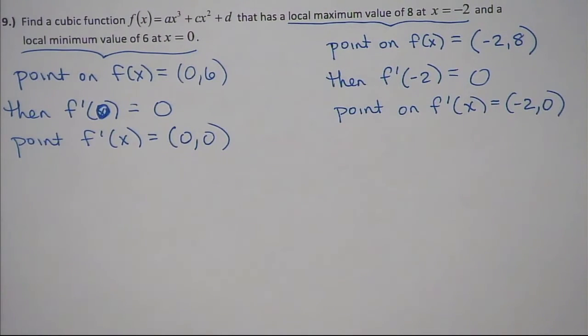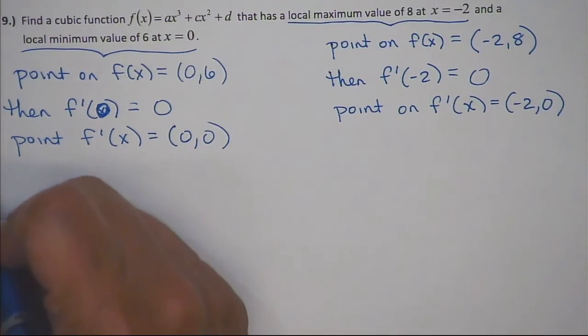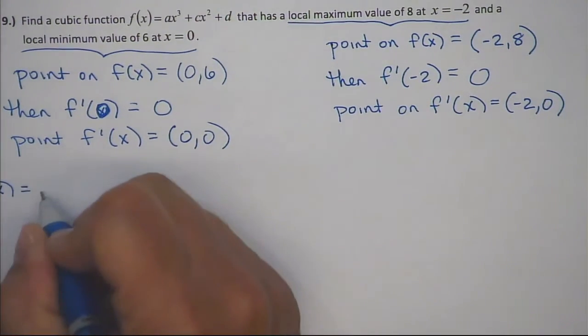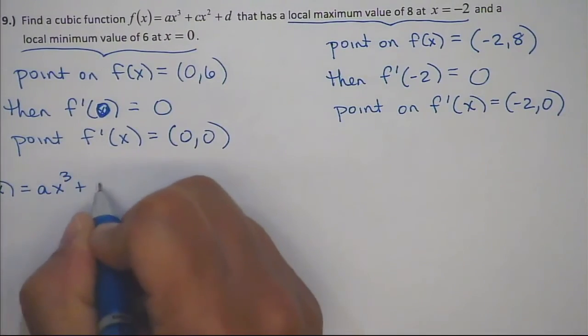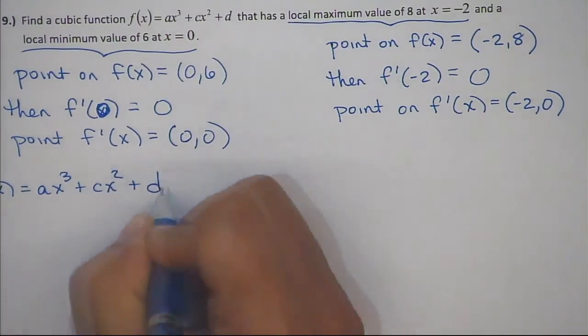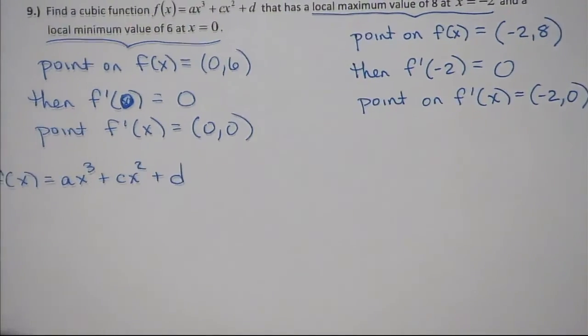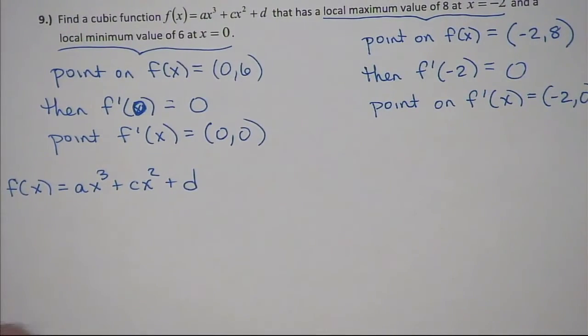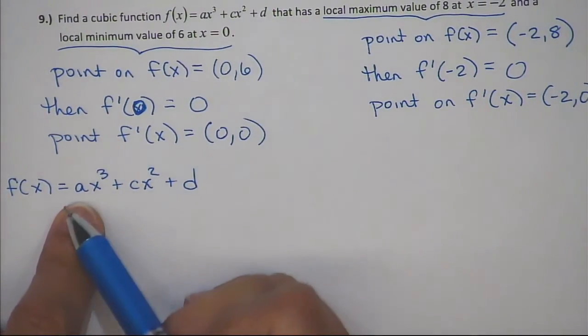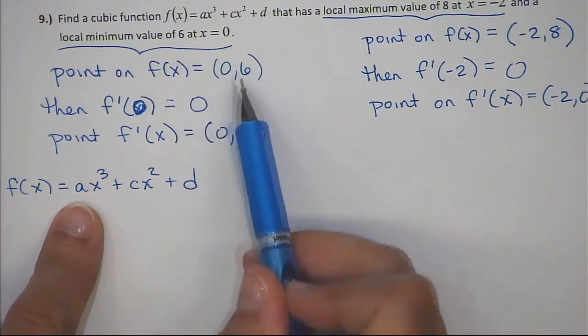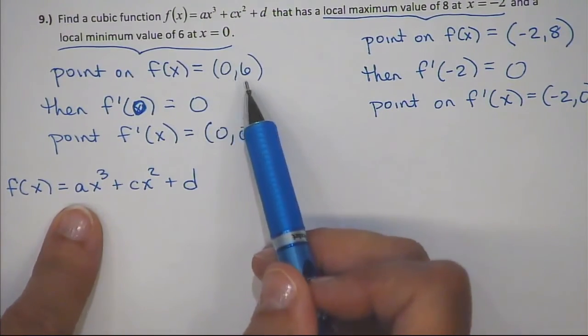So just pay attention to the points on the function and the points on the derivative. So let's start with the function, f of x, ax cubed plus cx squared plus d. So let's plug this point in and see what happens. Okay, plug in 0, 6.